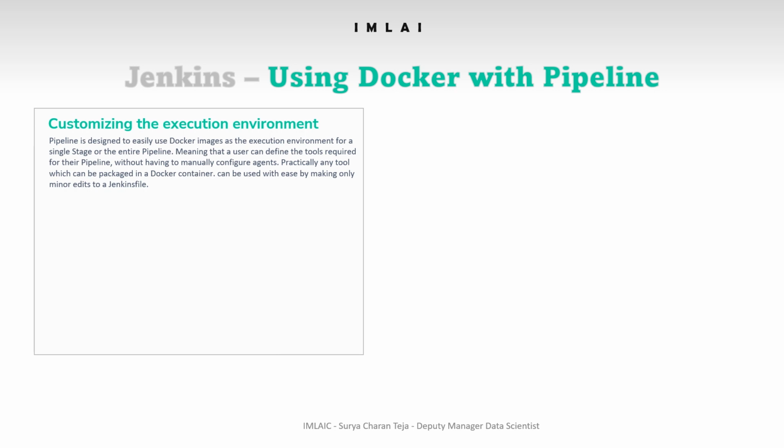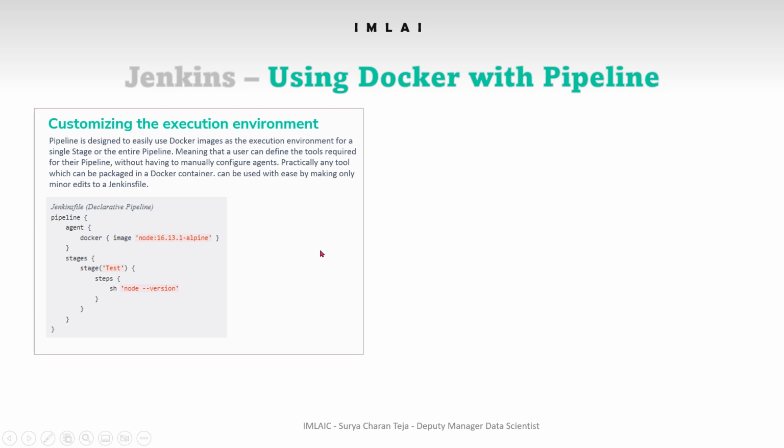In our first example, it comes under the agent. We are going to use a specific agent called Docker. Using the Docker agent we are going to build an image, and after that it should print the node version of the image that has been downloaded.